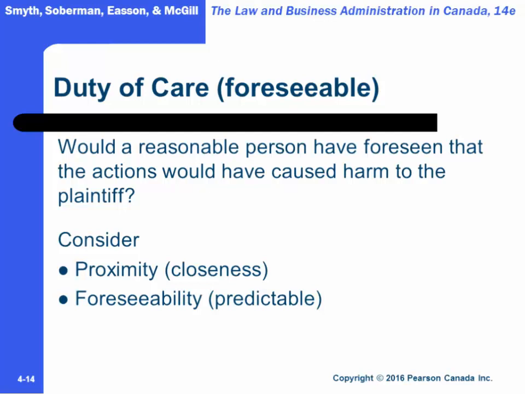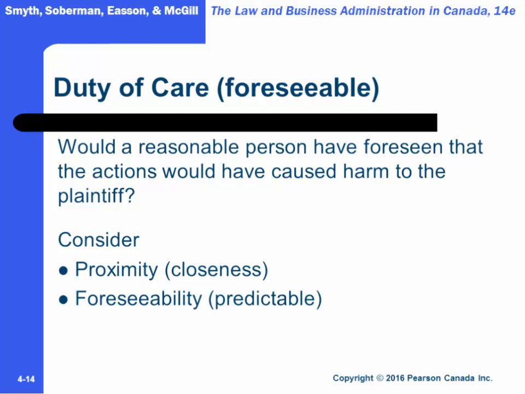So you don't need to have foreseen the exact person that you might hit with a baseball, or the exact loss or harm that might be caused. As long as you can foresee that your actions might cause some harm to somebody, that is sufficient to cause you to have a duty of care.